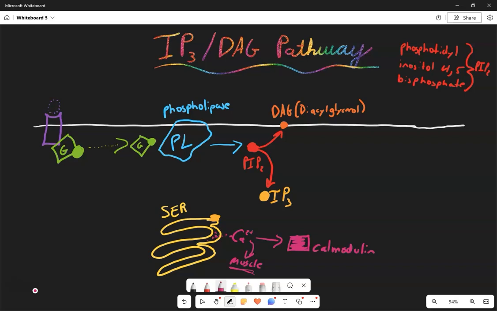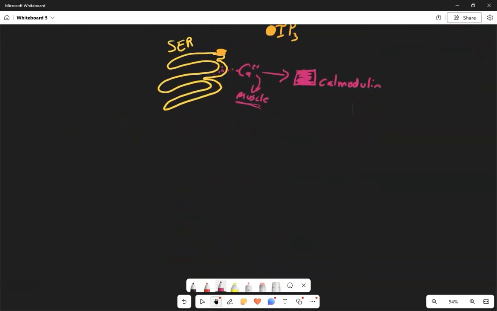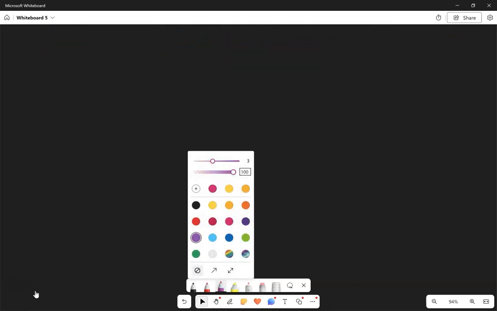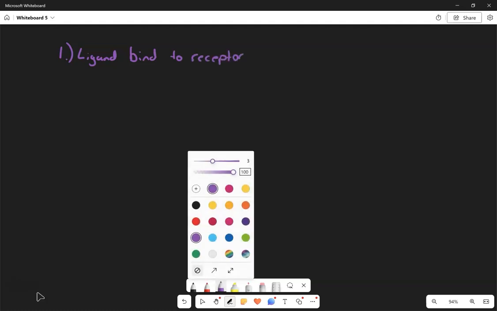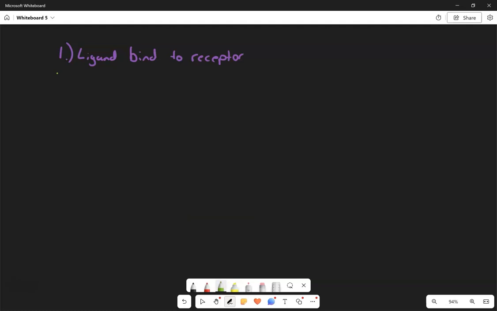All right, so just like we did last time, let's go ahead and write out the steps again. First thing that we're going to see is that our ligand is going to bind to the receptor. That's usually the first thing that happens. And that's going to cause the G protein to dissociate from the receptor.